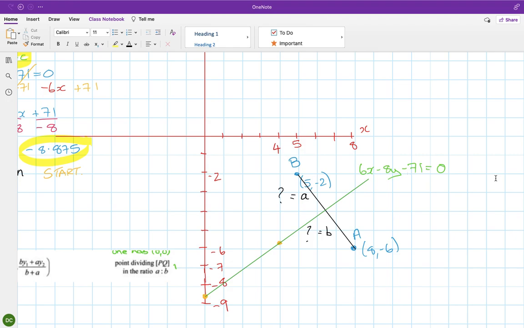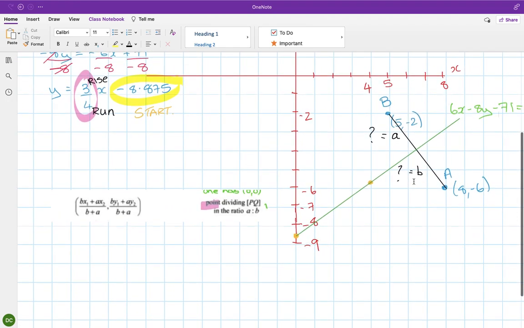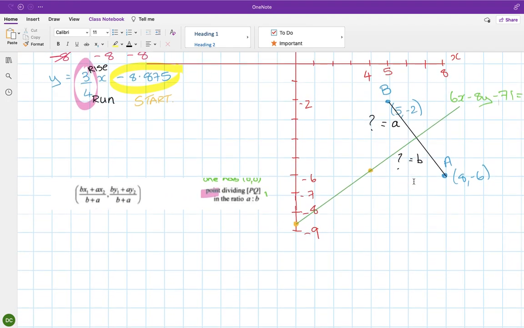Now, the formula is for a point dividing a line segment. Can you see where I am? So we need a point that's going to give us our x1, y1, point dividing line segment PQ.